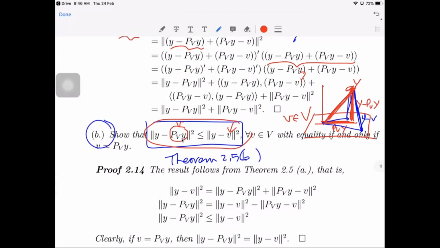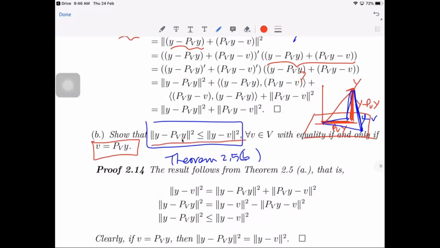Because the square length siya ang pinakagamay for all V in V, with equality when that particular V is your vector, the projection of Y unto V, equal sila. Okay?